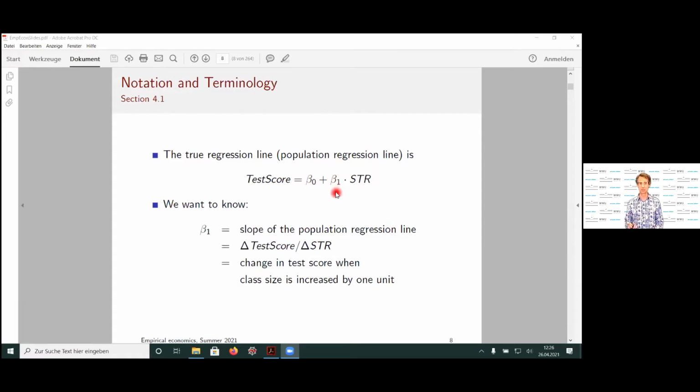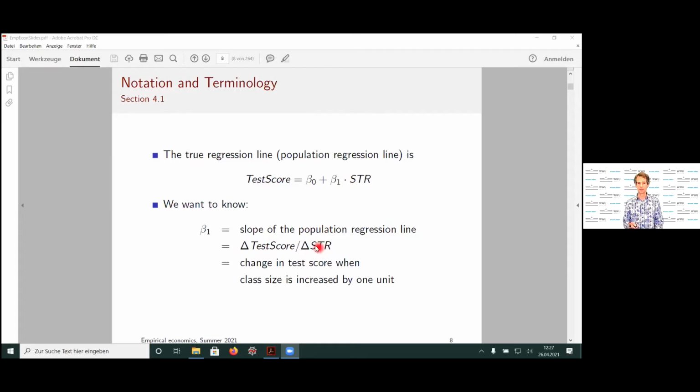This is the coefficient we want to know, the slope coefficient of the population regression line. As you might remember from whichever class linear functions were introduced in, quite a long time ago, the slope coefficient is defined as the change on the left-hand side divided by the change on the right-hand side.